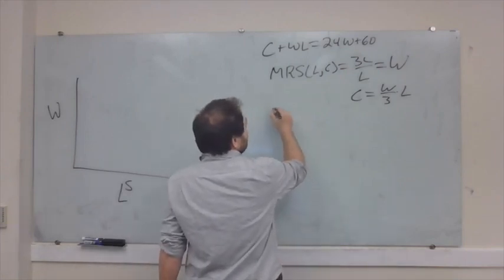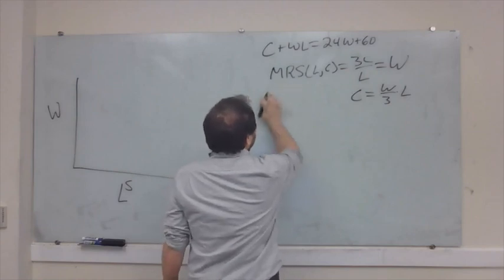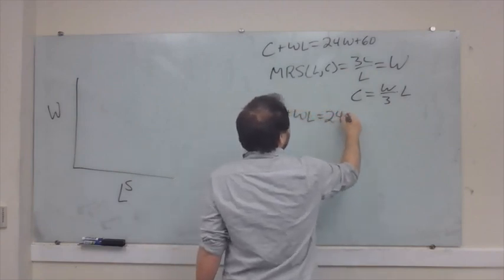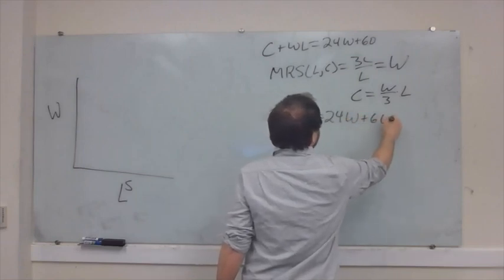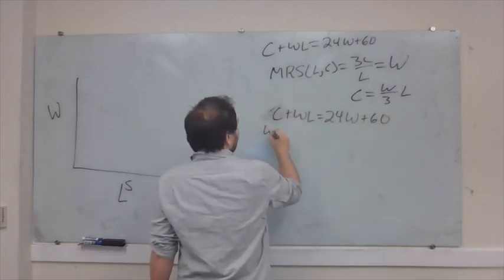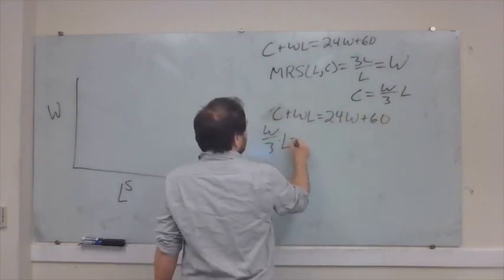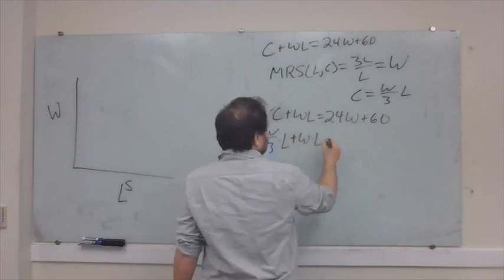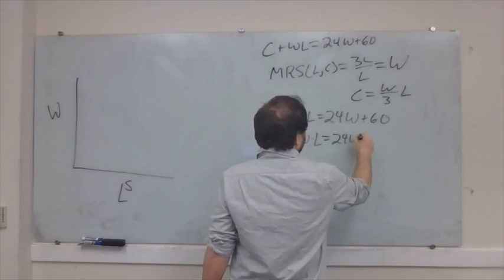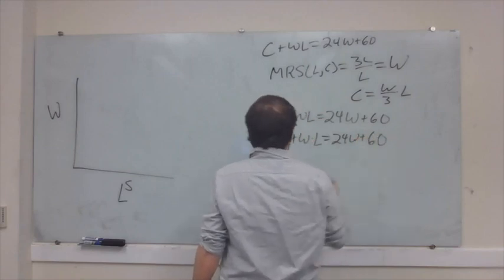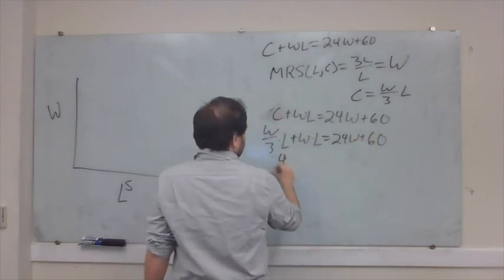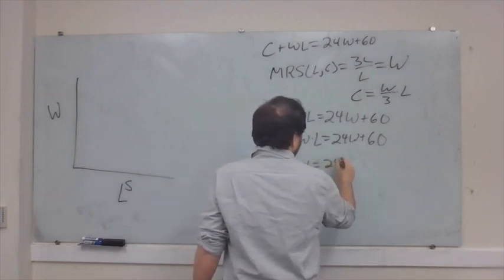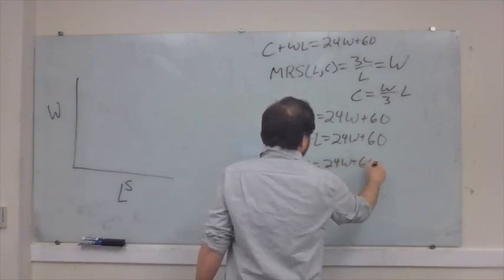and we'll get C plus WL equals 24W plus 60. W over 3 times L plus W times L equals 24W plus 60. 4/3 times WL is going to equal 24W plus 60.